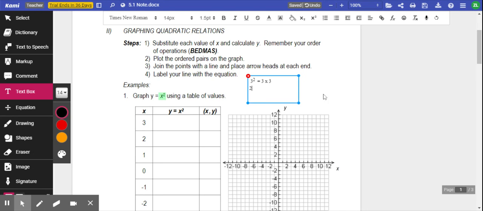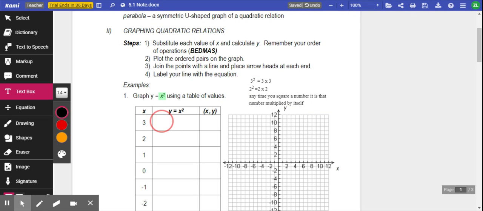If I had 2 squared, it's 2 times 2. Anytime you square a number, it is that number multiplied by itself. Okay? That's what that means. So as we go through this, you'll have a better indication of what that looks like.